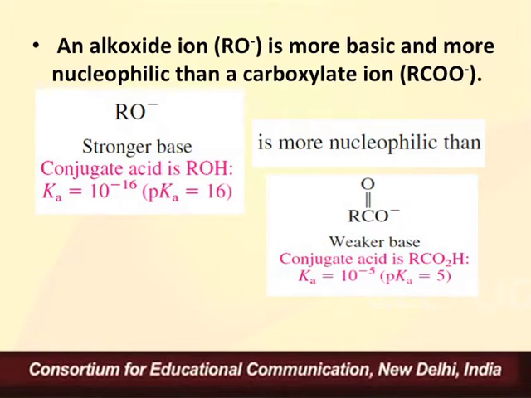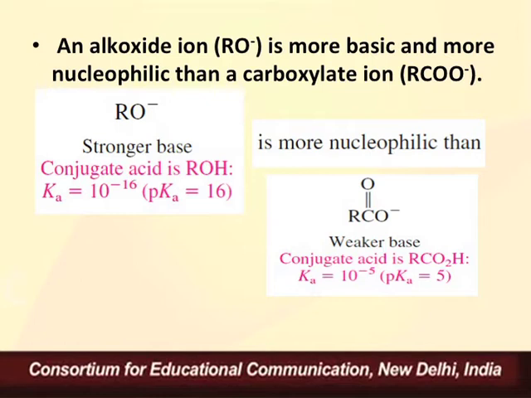What we find in alkyl oxide ion is that oxygen has a negative charge on it, and secondly, the alkyl group exerts a plus I effect, due to which the negative charge is localized over oxygen and it acts as a better nucleophile.